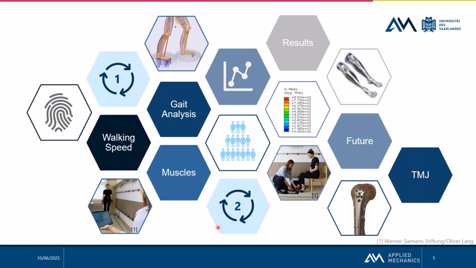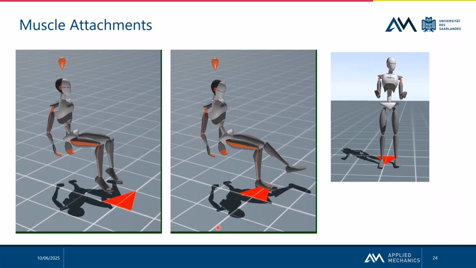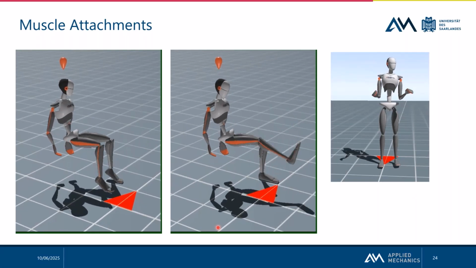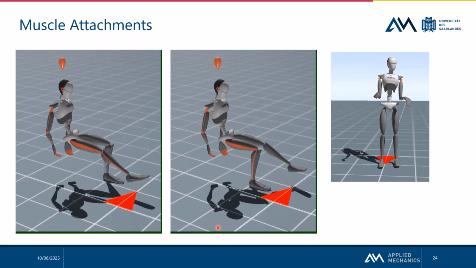Now we are coming to another big part. As you see, we try to create realistic boundary conditions, but what you already maybe think of is the muscles. And we are also really interested in creating and using the muscles in our models.